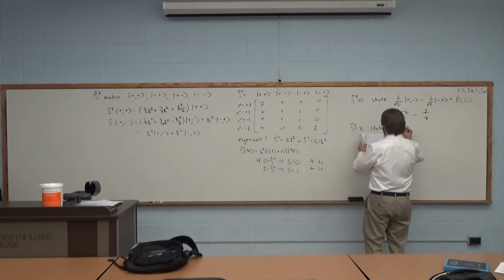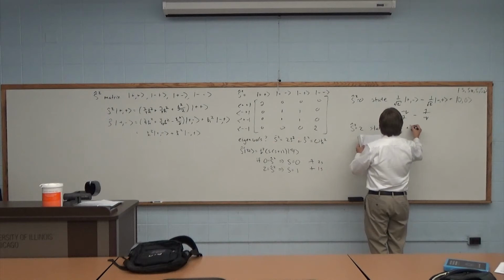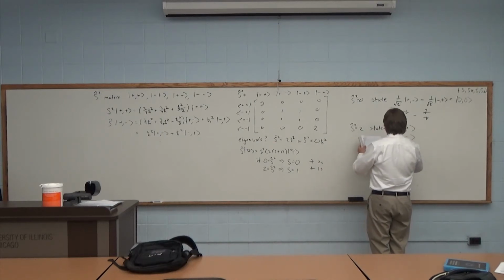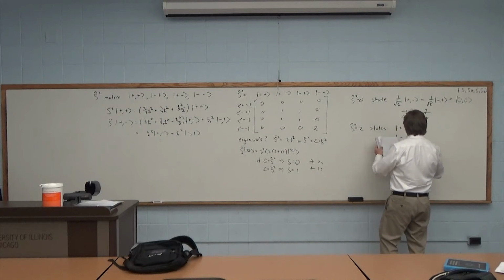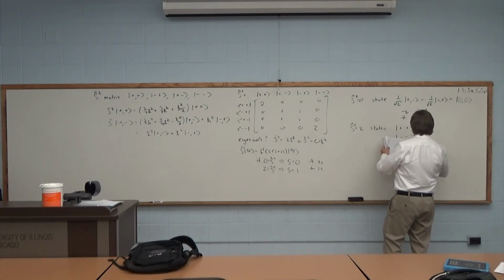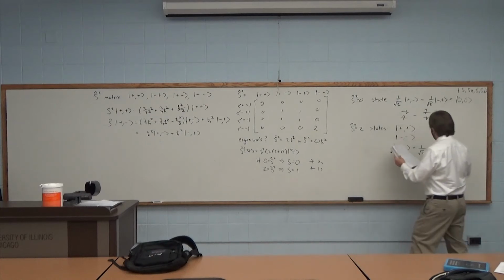Okay, there it is. Plus, plus. I don't need a coefficient for that. And there's minus, minus. And then it gets a bit more interesting. By the way, that's why we call it a triplet. There's 3 of them.